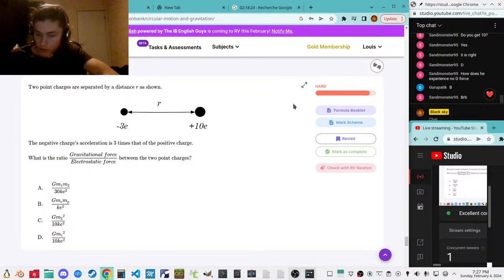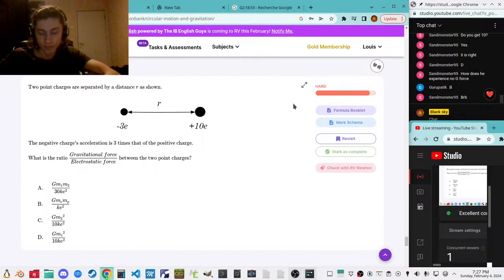So, first of all, F1 equals kQ1Q2, which is 3e times minus 3e, so minus 30ke squared, if that makes sense, divided by r squared. There's no third mass, so we can just use r squared for both.